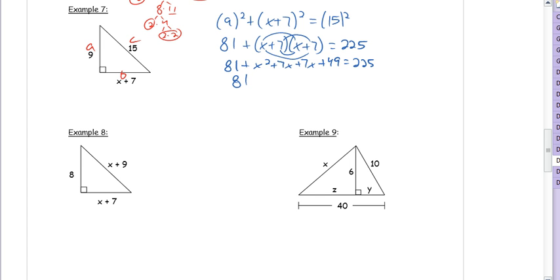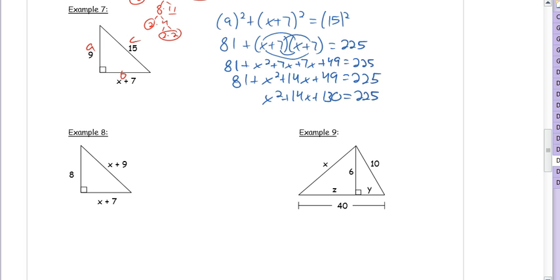So we have 81 plus x squared plus 14x plus 49 equals 225. Okay, so we're going to have to FOIL, and then we're actually going to go backwards and have to factor here in a second. So let's combine the left side what we can. So we have 81 plus 49 is going to give us 130. So x squared plus 14x plus 130 equals 225.